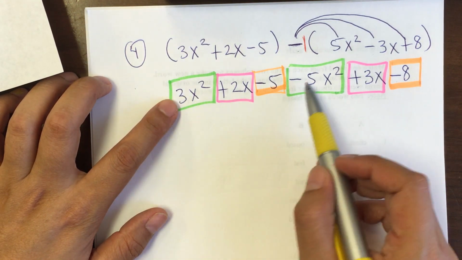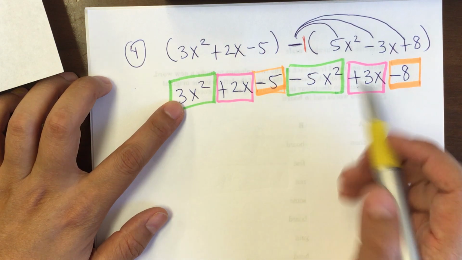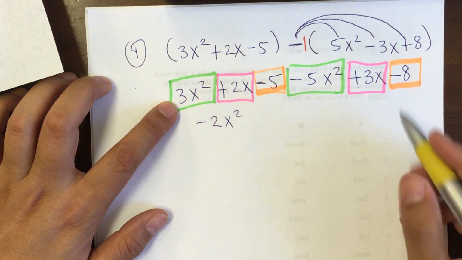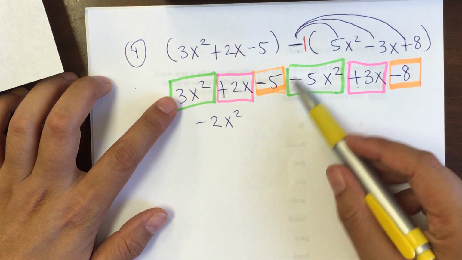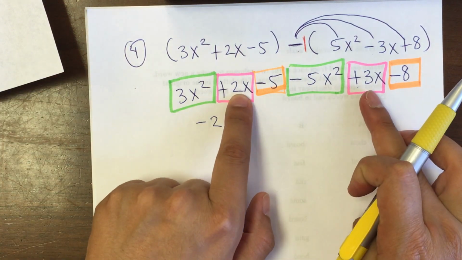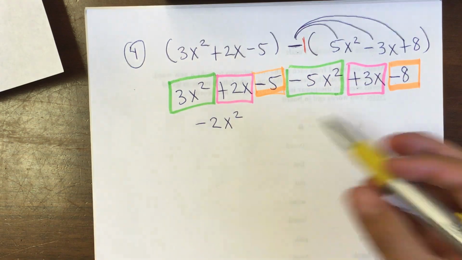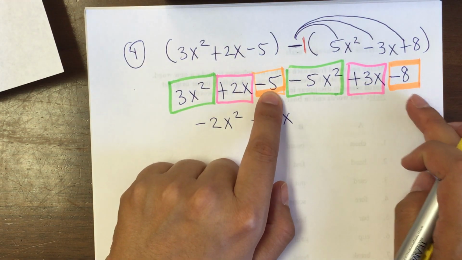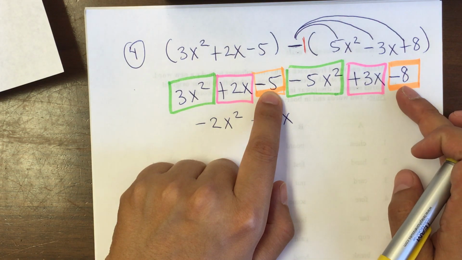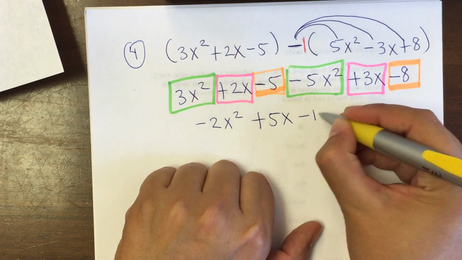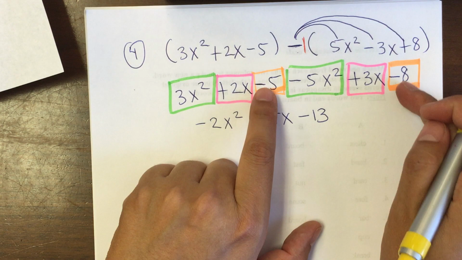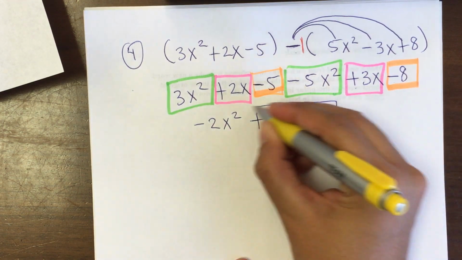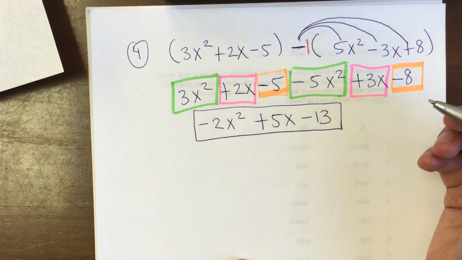Notice how I'm working with the coefficients only. 3 minus 5, negative 2x squared. We subtract and leave the sign of the bigger one. 2 plus 3, 5x. Negative 5 plus negative 8, negative 13. And in here is because when you have the same sign, you add and keep the greatest sign. Okay, so that's going to be my answer.